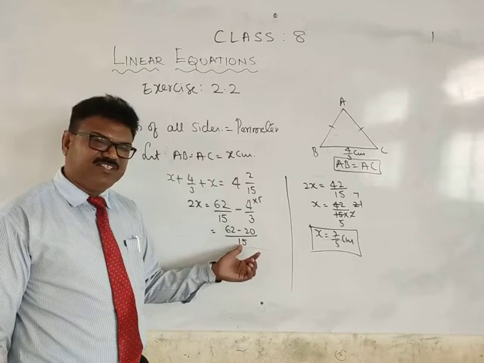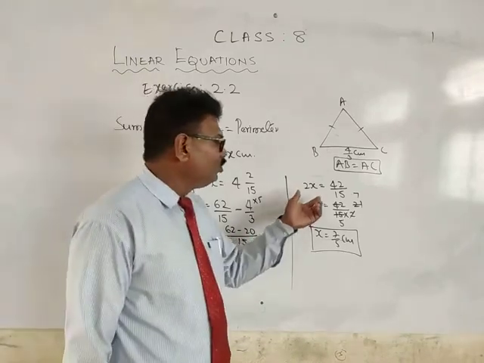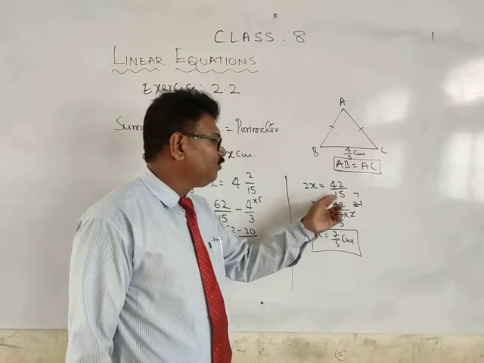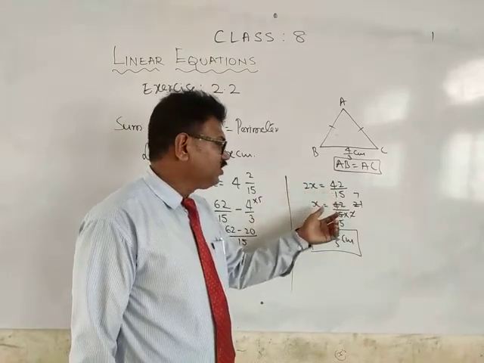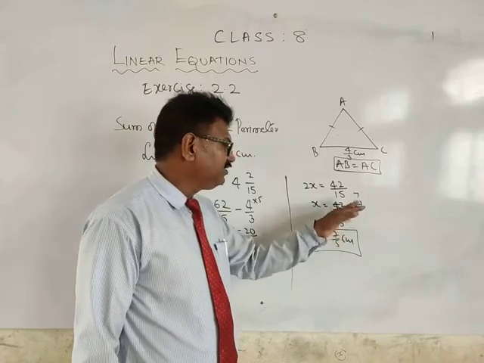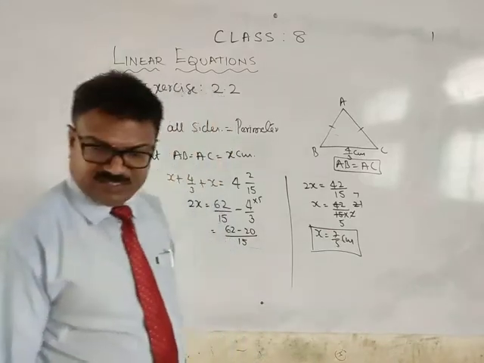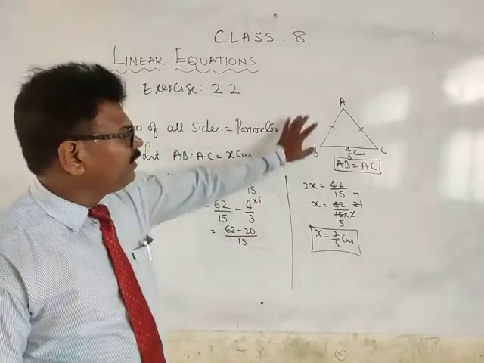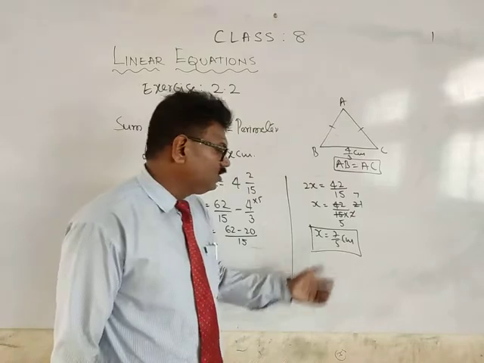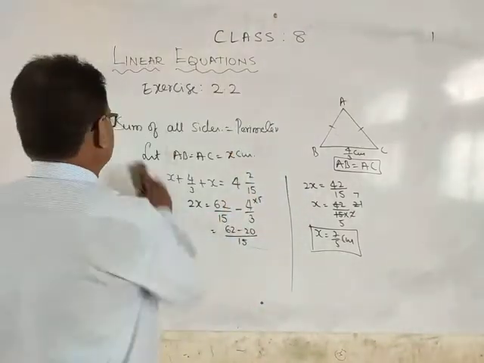Then 15 is the LCM. 62 minus 20, then 2x equals 42 by 15, then x equals 42 by 15 into 2. Simplifying, we get x equals 7 by 5. I hope you understood the problem. So the two sides will be equal to 7 by 5 centimeters. Is it clear?